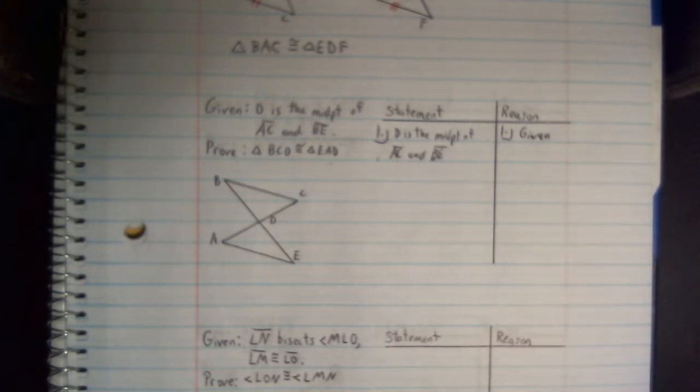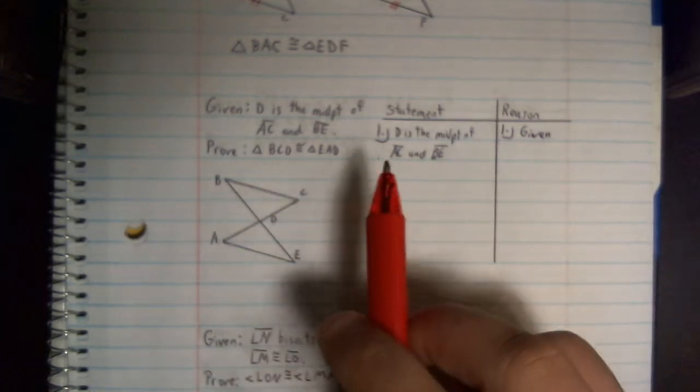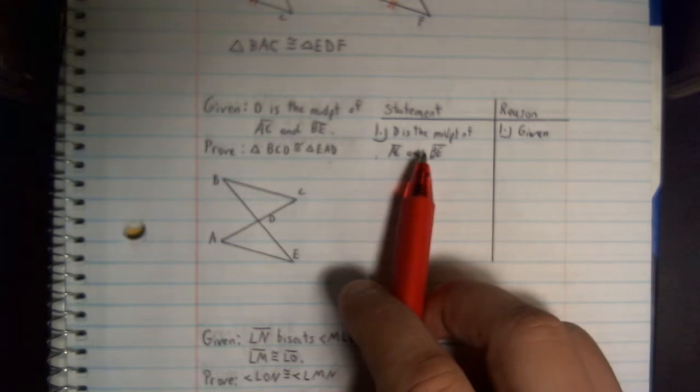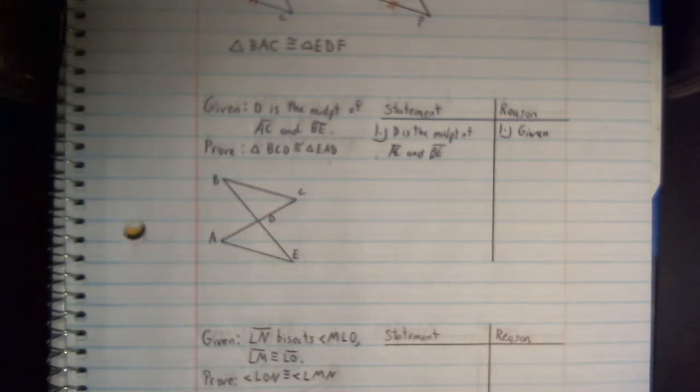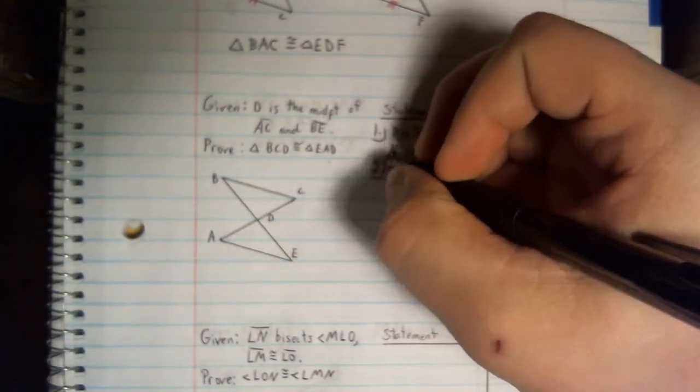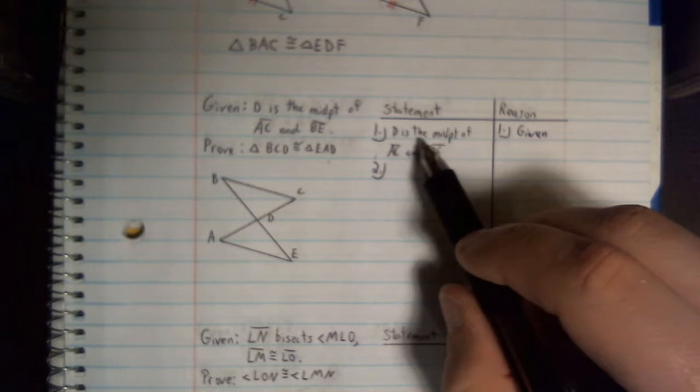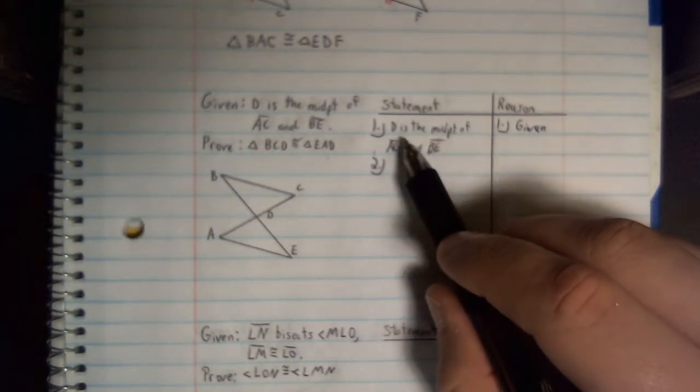Let's mark down on our picture what that means. Well, I don't exactly have anything congruent quite yet, so I don't actually have anything to mark. Before I can mark it, we need to state that things are congruent. So in my second statement, I'm going to have to use that piece of information. D is the midpoint of AC.